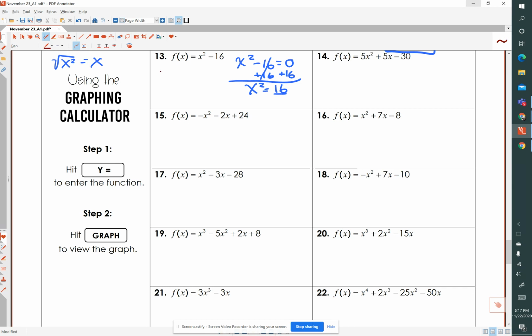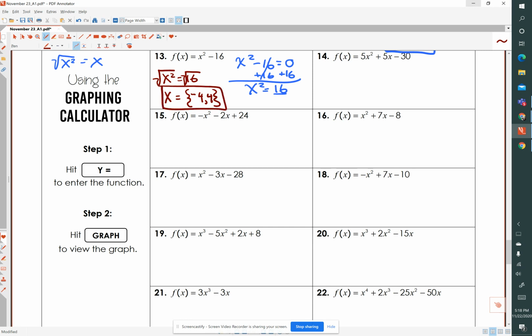If we've got x squared equals 16, and we take the square root of x squared and the square root of 16, we have isolated x. But remember, there are two ways to get to 16, -4 times -4, or +4 times +4. So our answer will be plus or minus the square root of 16, which would be -4 or +4.